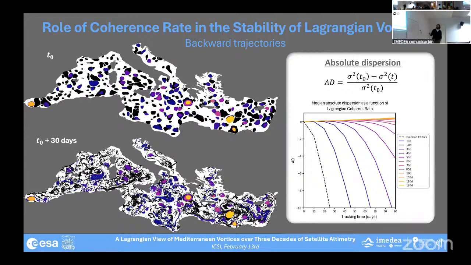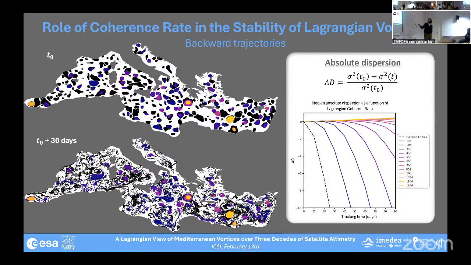So we launched the particles inside the Eulerian and Lagrangian vortices, and we let them evolve back in time, and we have checked the absolute dispersion, which is simply the spatial variance of the cluster of particles at each time relative to the initial time.